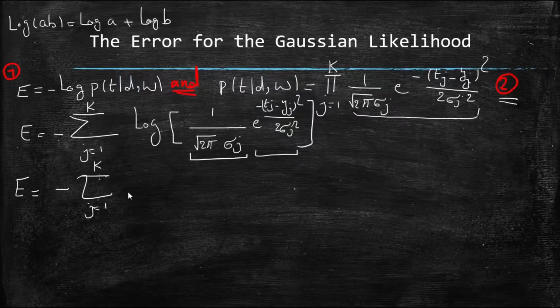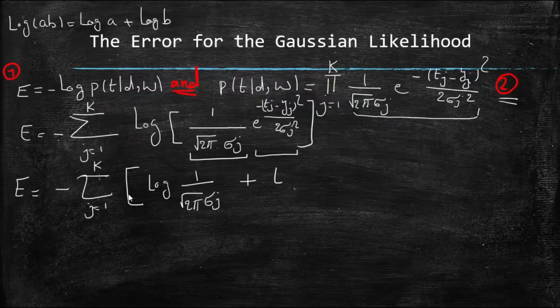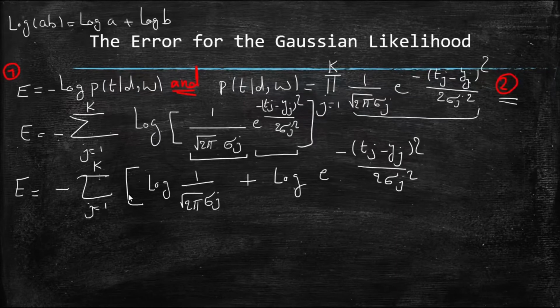So this would be the log of the first term, which is the log of 1 over square root of 2 pi sigma j, plus the log of e to the power minus tj minus yj squared over 2 sigma j squared, right?